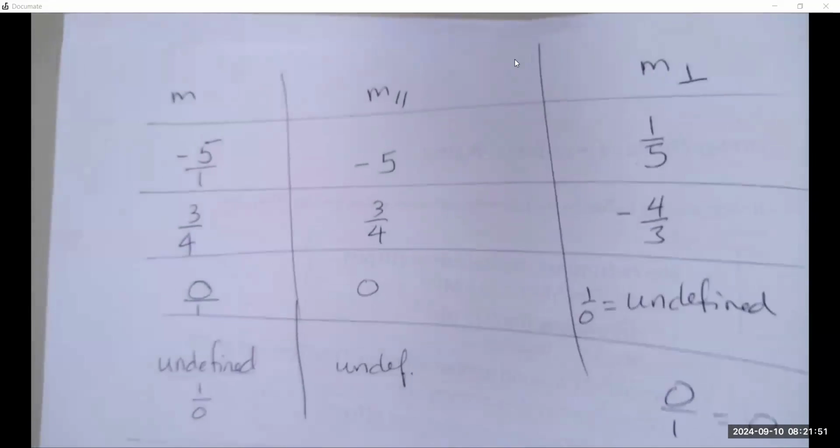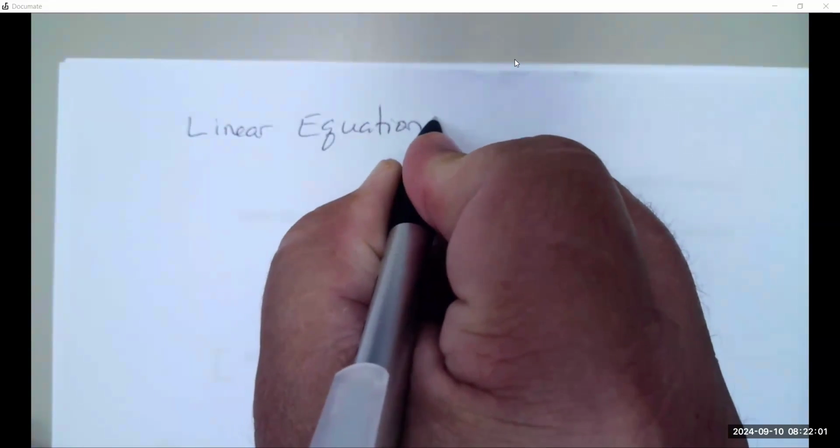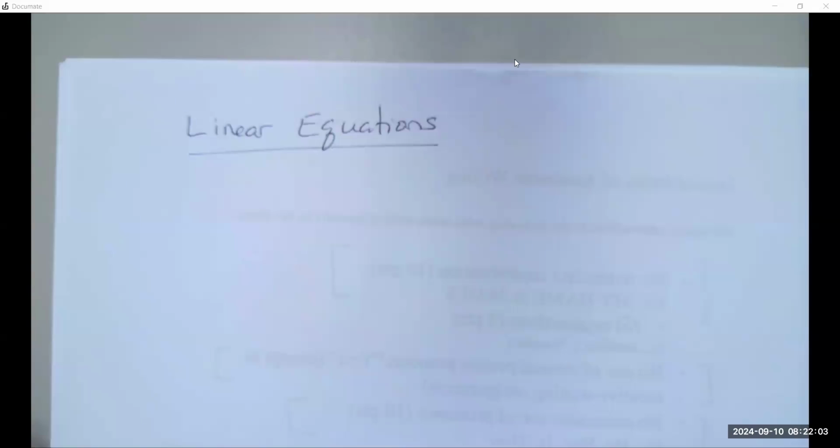All right, so that was pretty much 4. And it's super easy. Let's do 5. Linear equations. We've learned how to create them, how to graph them, how to manipulate them.